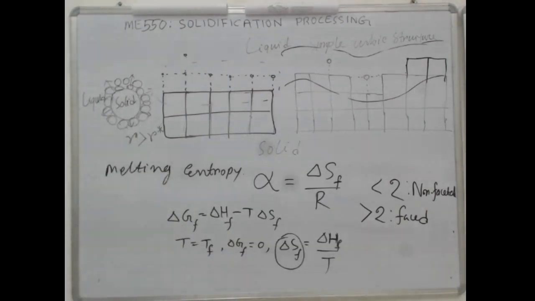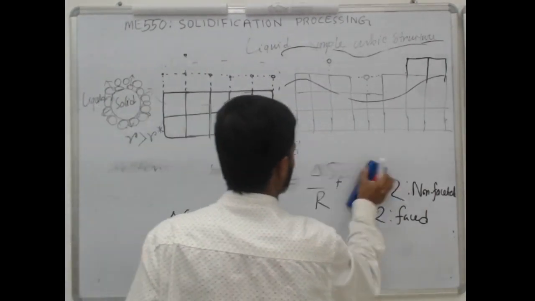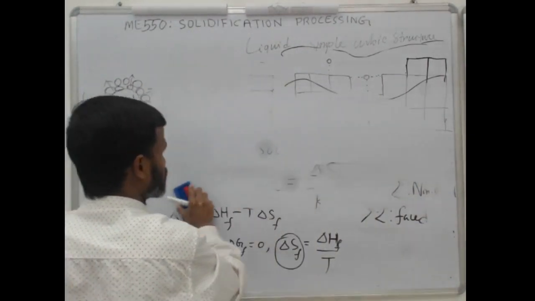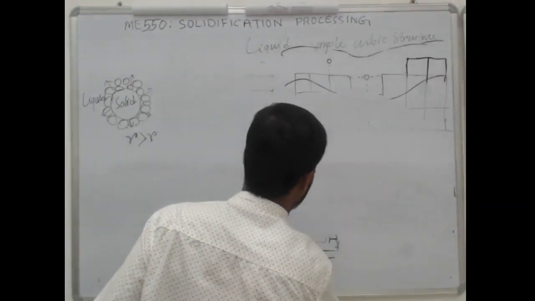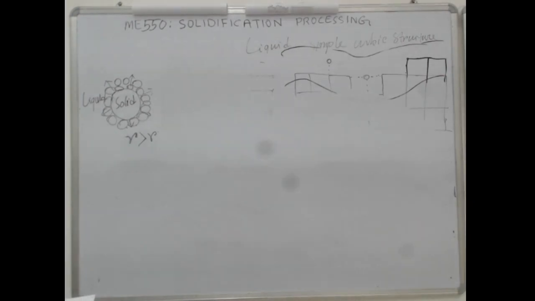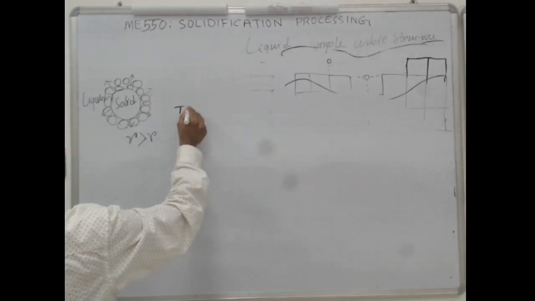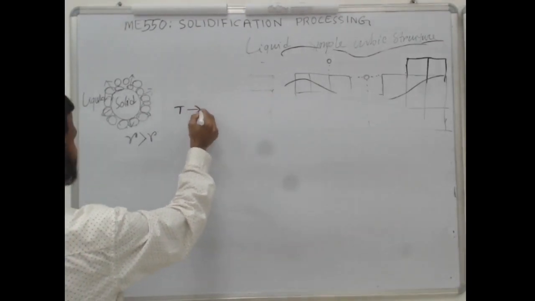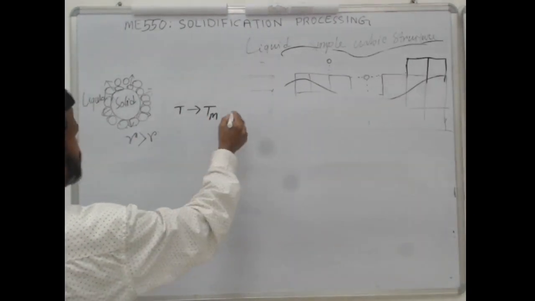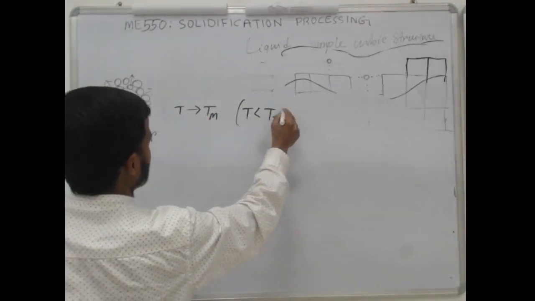And if you see the growth rate for small undercooling, if your temperature is less than Tm but very close to Tm, it is less than Tm definitely but tends to Tm.